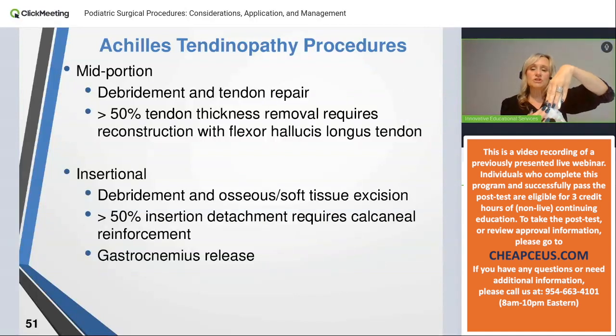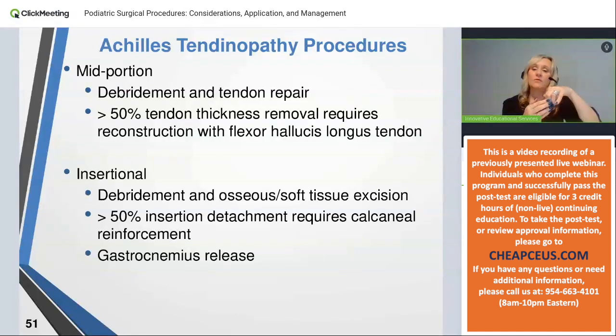If it's insertional down at the bottom here, that Haglund's bump that forms is going to be resected out. They need to remove the osteophytes that have also formed. And then again, they're going to utilize 50%. If looking at that bony footprint, if 50% of it is gone, then the surgeon is looking at doing some calcaneal reinforcement there to secure that back in place.